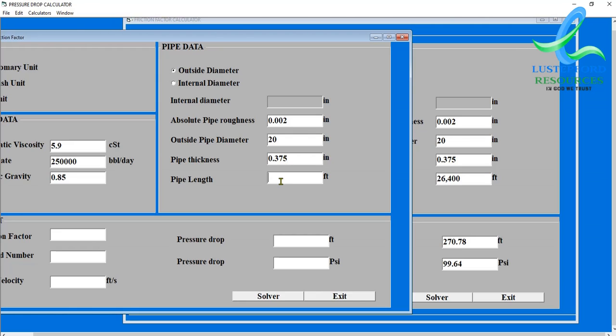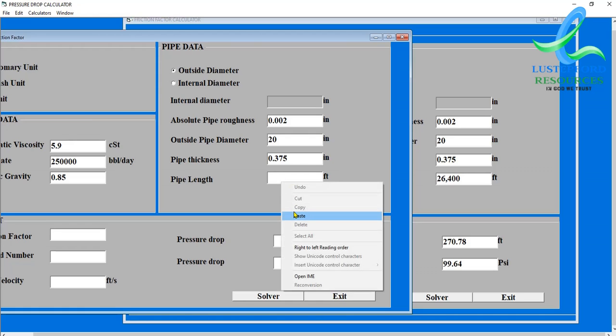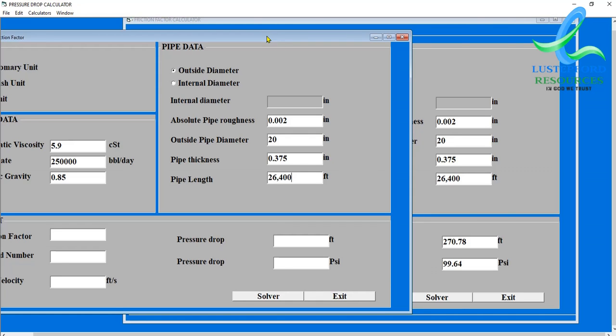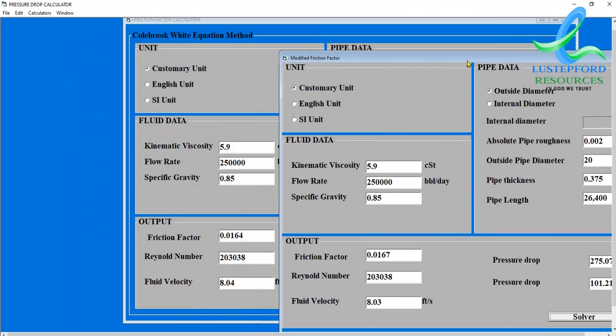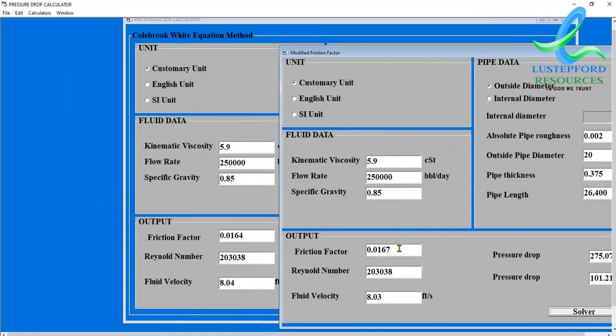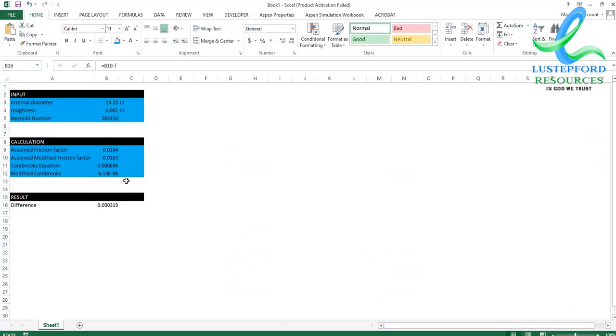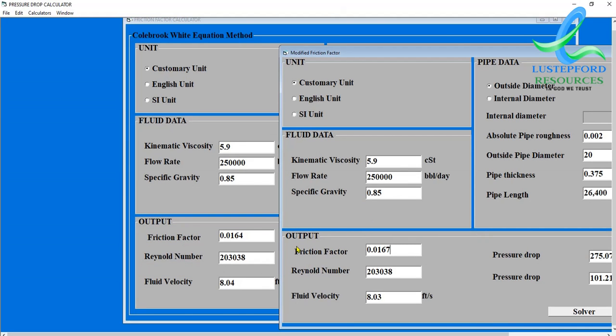So I have that. Let me solve. So the difference is the same as what we got in the other one. The friction factor is 0.0164, here it is 0.0167, so the same thing.